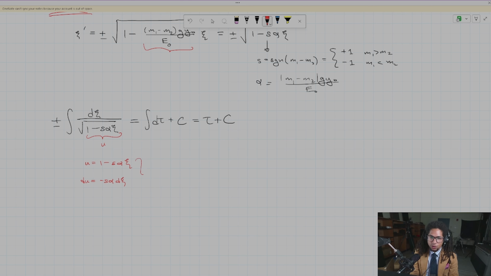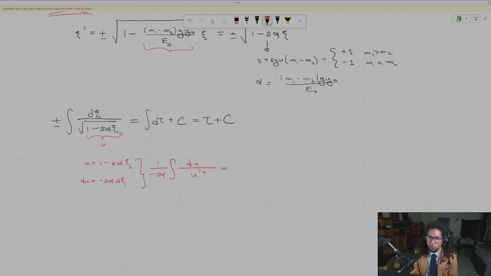So that this whole integral becomes the integral of 1 over minus s alpha times the integral of du over u to the 1/2. Now that in turn, to get u to the 1/2, or sorry, u to the minus 1/2, because this is in the denominator, I would need something that's proportional to u to the 1/2.